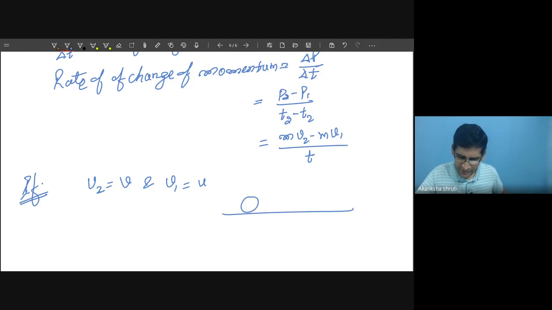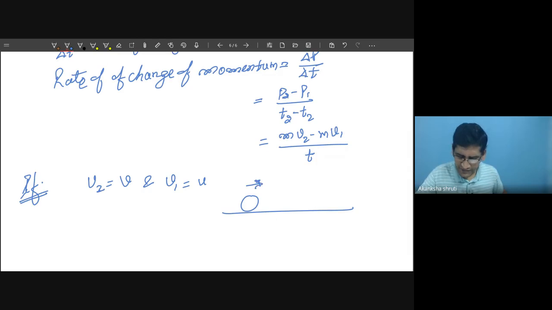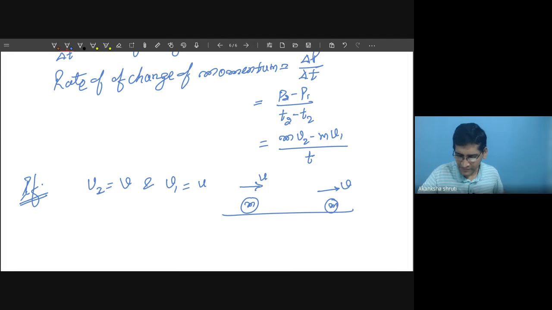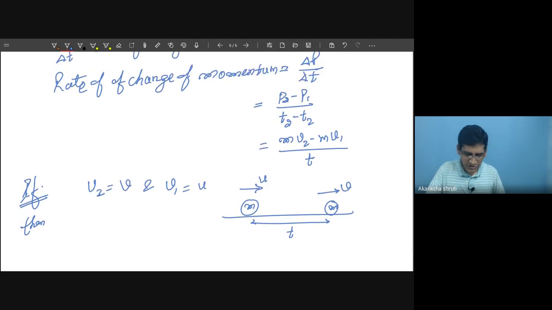I am considering a mass which was initially moving with the velocity U, but later on the velocity has changed to V. The mass remains the same. The time taken to change the speed from U to V is T. Then this rate of change of momentum can be calculated just by substituting these values.